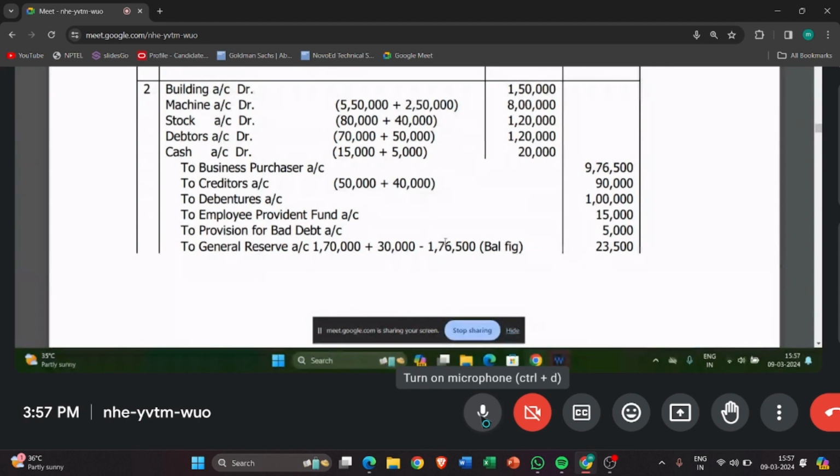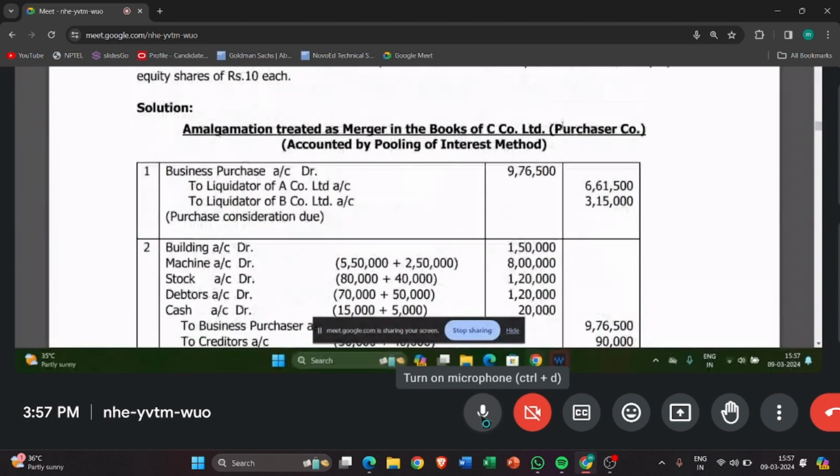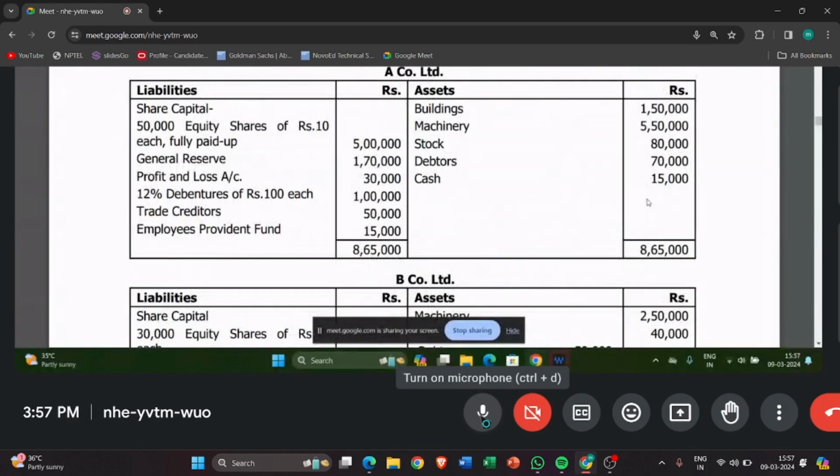Okay, we'll do it for one company. You just tell me how much is the net assets of A Limited. Add up all the assets minus debentures, trade creditors, and EPF. Only outsiders' liabilities. Minus 7 lakhs, ma'am? Just debtors, creditors, and EPF, right?